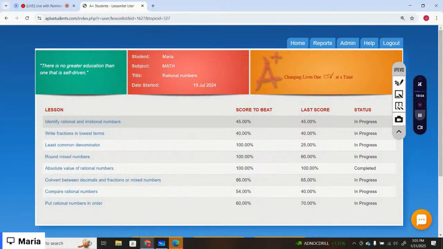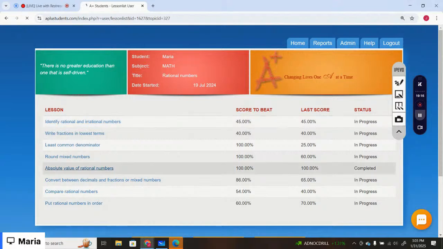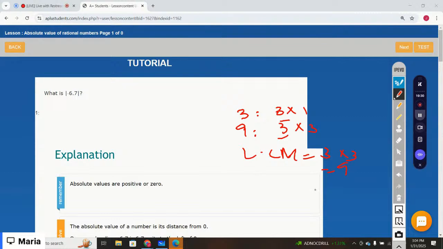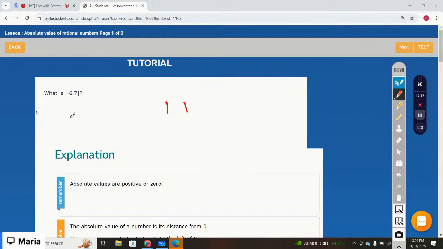Here I'm on grade 8 math. Chapter we're on right now is rational numbers. Let's just start with the lesson that is absolute value of rational numbers. What is the absolute value of negative 6.7?